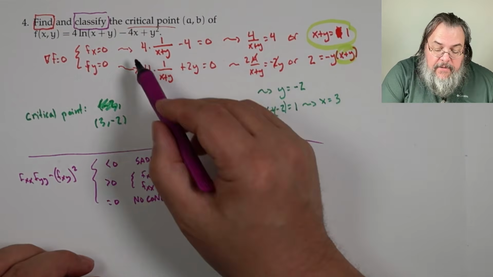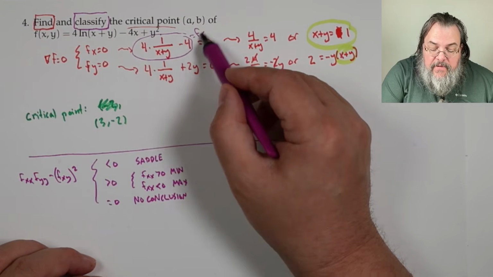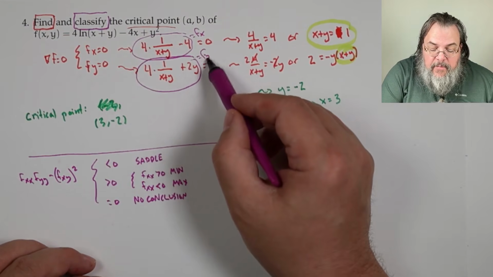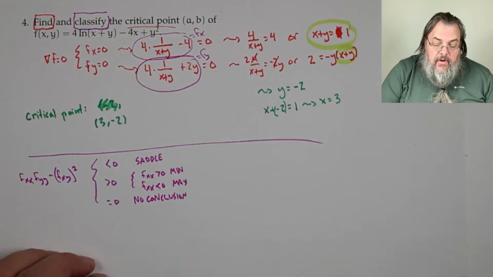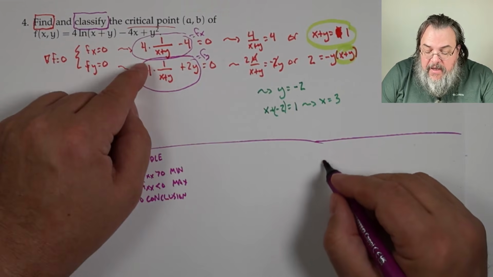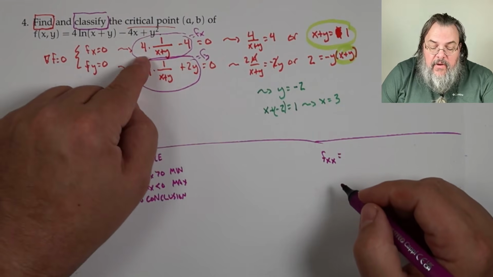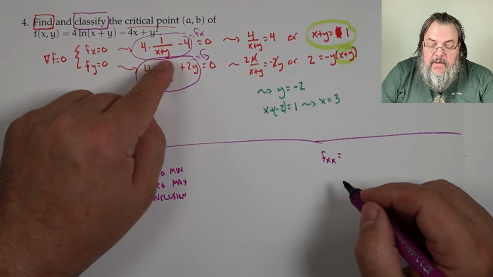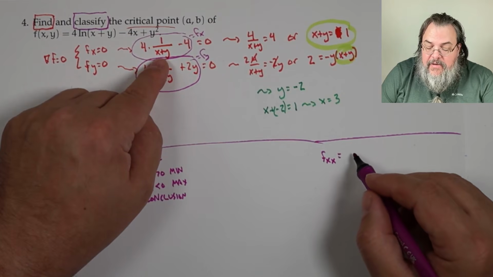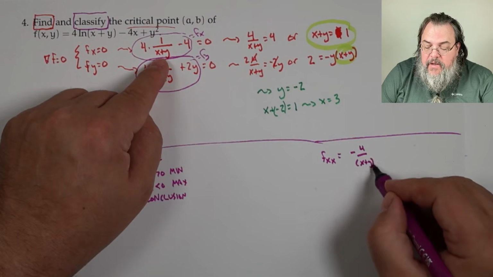Now, we have some pieces up here. This piece is our f sub x, and here, this is our f sub y. So, we should do some computations. F sub x, taking derivative with respect to x twice, well, this is like 1 over x plus y, and so that's going to give us a minus 4 over x plus y squared.